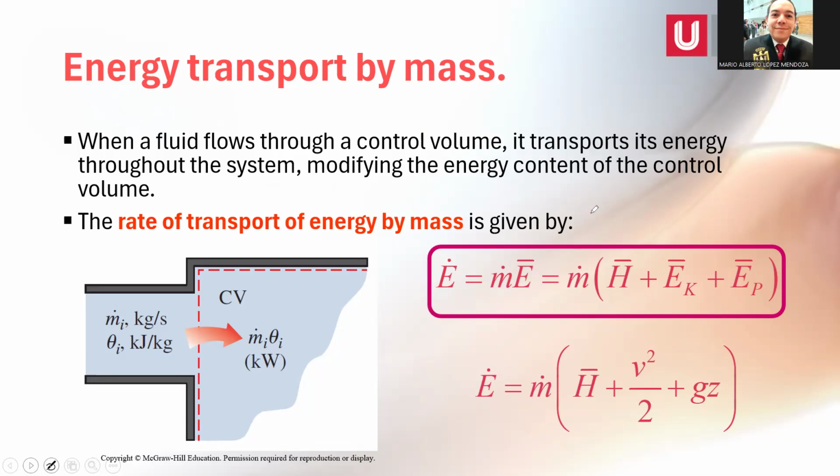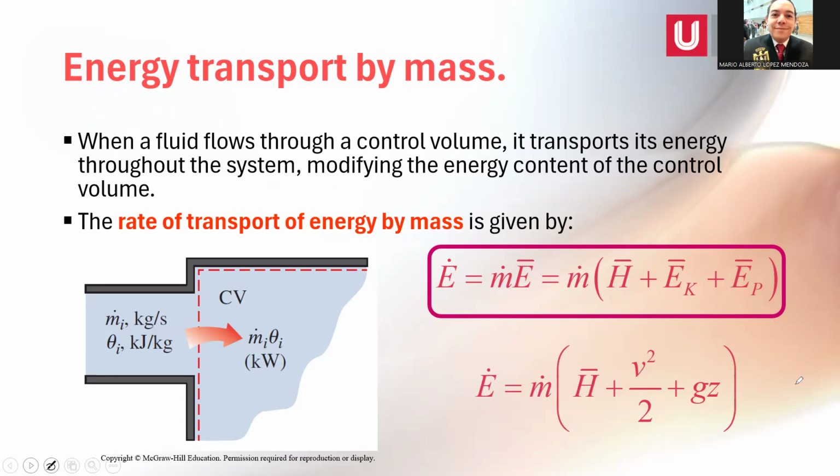In the second equation, in the bottom corner of the slide, I have just included all the terms related to the kinetic and potential energy. As occurs with the internal energy, enthalpy is a property of the fluid by itself.